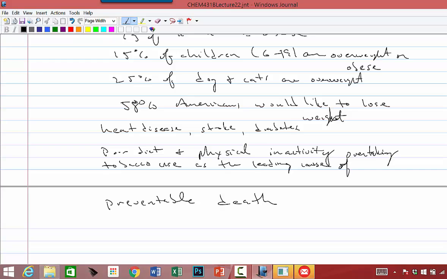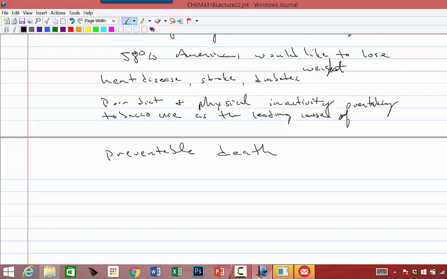And this is an epidemic that has started fairly recently. So I'm going to write down a table here. Percent of population that is obese in the US, ages 20 and up.